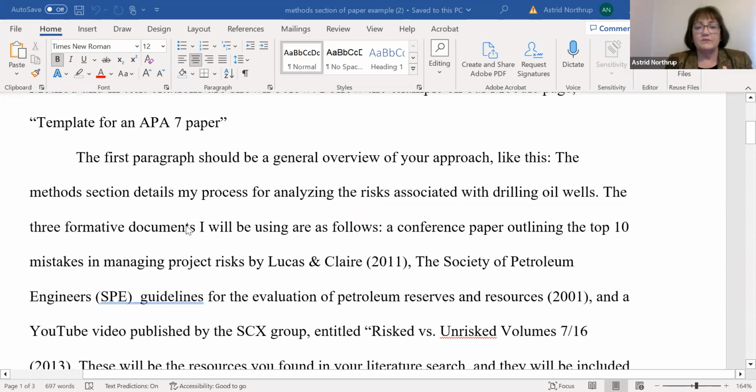So what I said here is the methods section details my process for analyzing the risks associated with an oil well. Then you cite the documents that you're using to do this systematic evaluation. This would be very much the same as what you're doing for a qualitative approach.